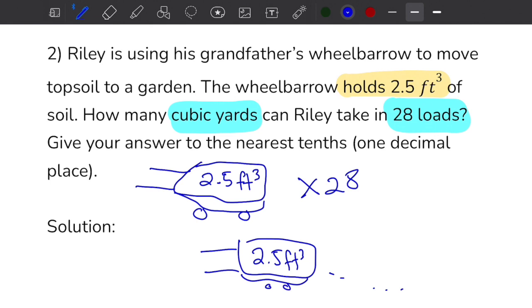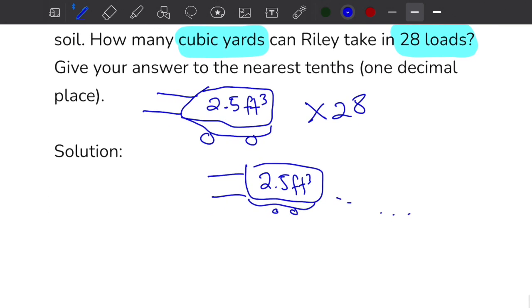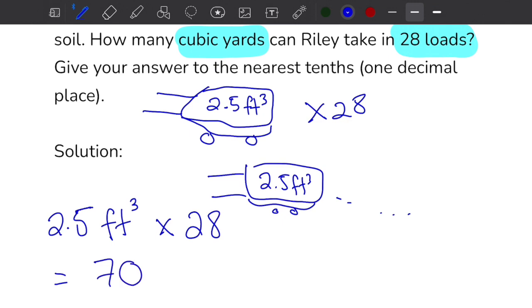So how do we do that? Well, we know that each wheelbarrow has 2.5 cubic feet, and we have 28 of them. So it's a matter of multiplying. 2.5 times 28 gives us 70. What are the units? Cubic feet, because that's what we started with.